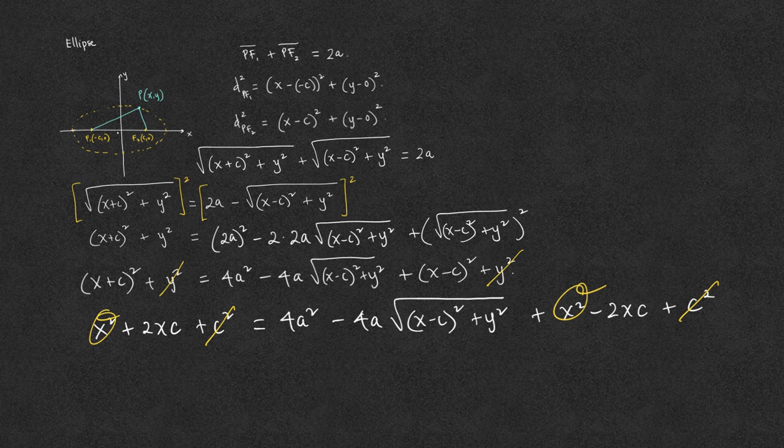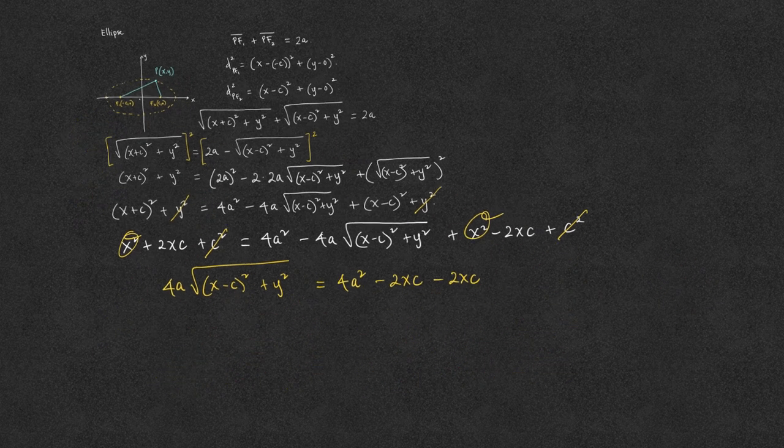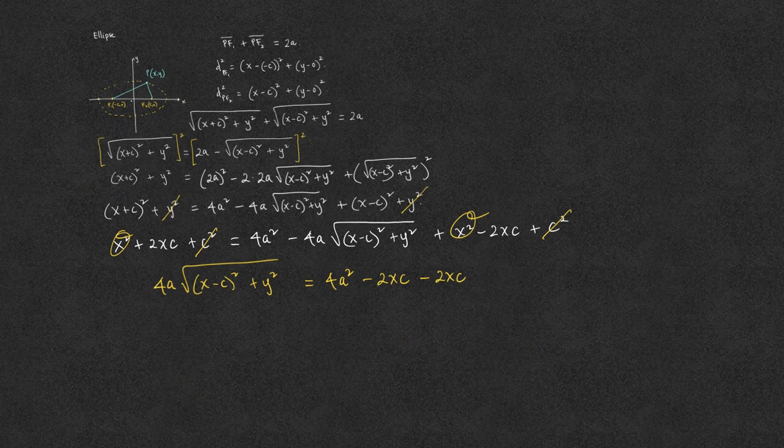We then move the term with the radical to the left-hand side to obtain 4a, positive, times the square root of x minus c squared plus y squared equals, on the right-hand side, 4a squared minus 2xc, and the 2xc on the left moved to the right-hand side, which is minus 2xc. We can combine like terms again.